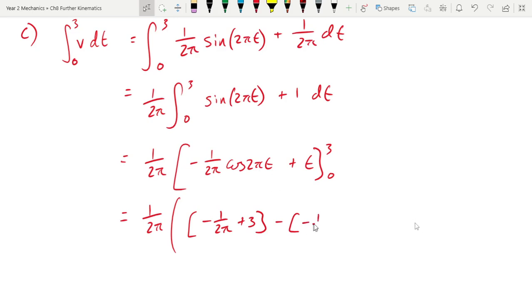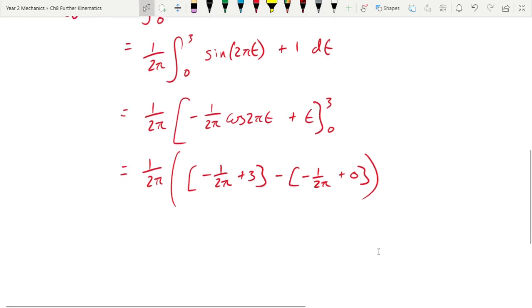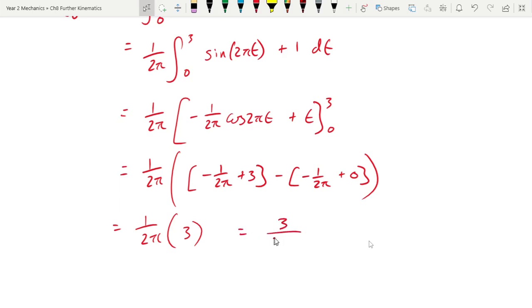So I'm going to get minus 1 over 2 pi plus 0. Now if we just sort out what's inside this bracket, I've got minus 1 over 2 pi minus 1 over 2 pi, so it becomes 0. So I've actually just got 3. So my final answer is 3 over 2 pi meters, or as a decimal, that is 0.477 meters.